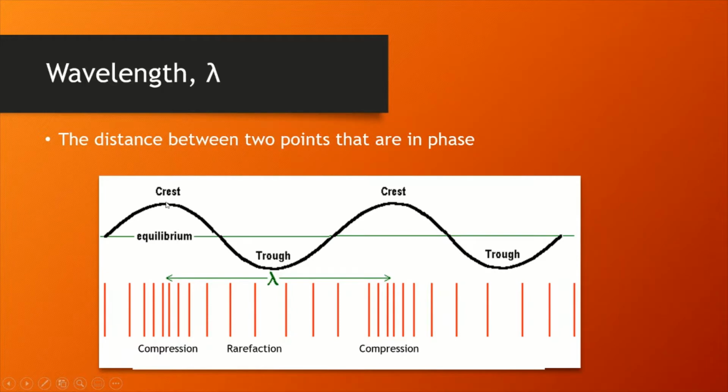Crest to the next crest, trough to the next trough for a transverse wave. For a longitudinal wave, the midpoint of a compression to the midpoint of the next compression. This is called wavelength. The symbol of wavelength is lambda.